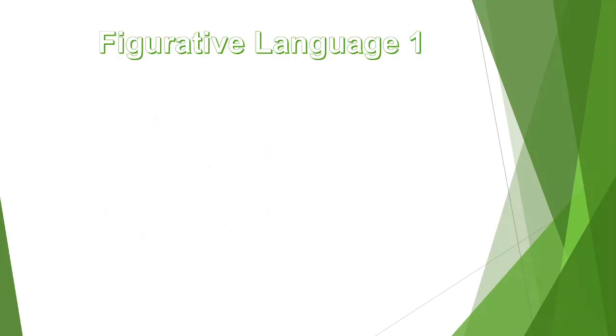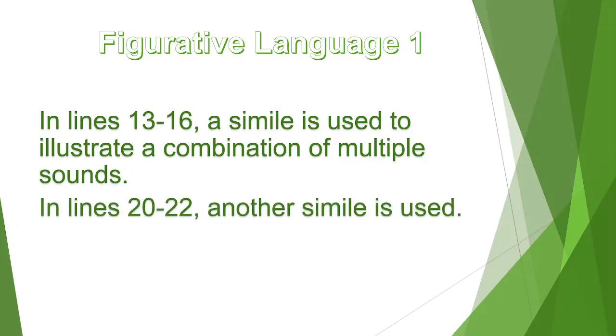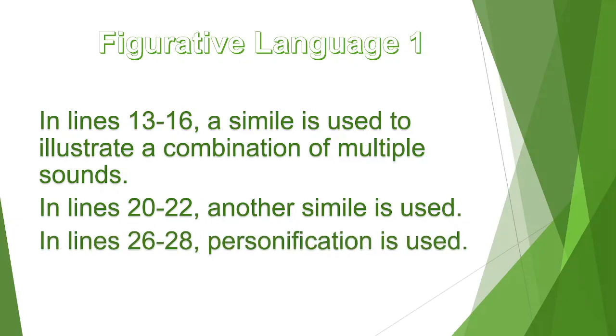Next is figurative language. In lines 13 to 16, a simile is used. In lines 20 to 22, another simile is used. In lines 26 to 28, personification is used.